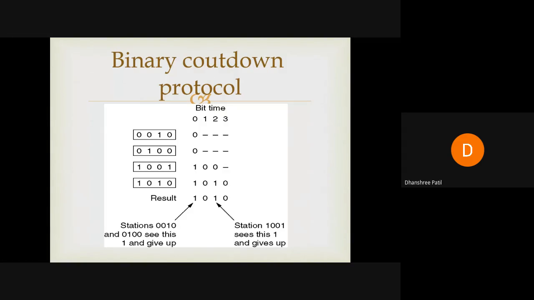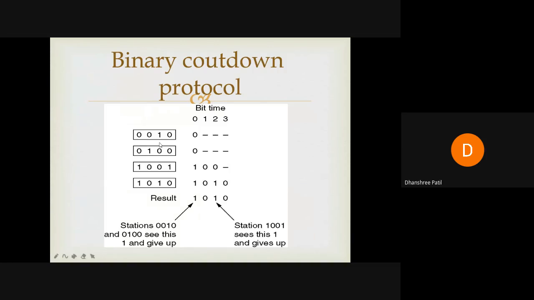The stations that want to send data will send their addresses first.